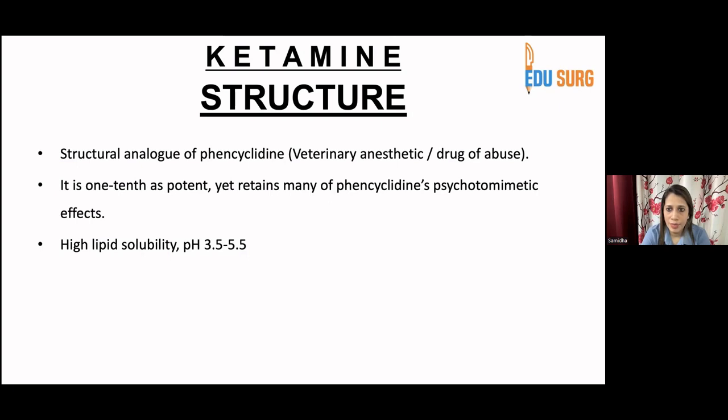The licensing has become very strict and it needs triplicate prescription, etc. The record maintained about how much is used is kept very strictly now. So you cannot just abuse it, and it is not available over the counter. It is one-tenth as potent, yet retains many of its phencyclidine psychotomimetic effects. High lipid solubility, pH of 3.5 to 5.5.